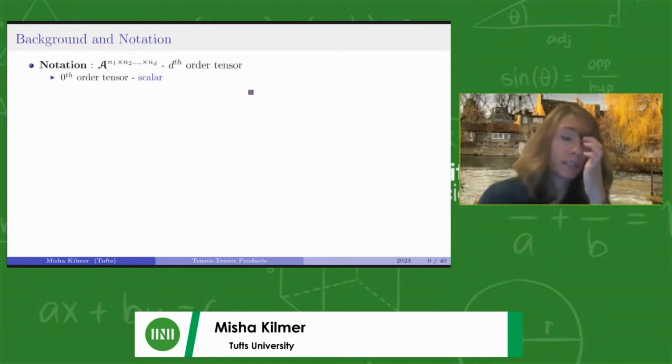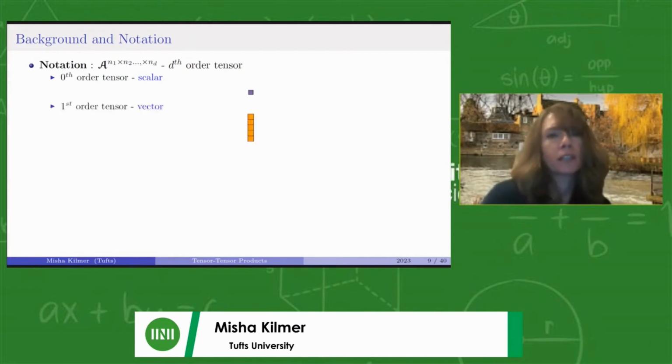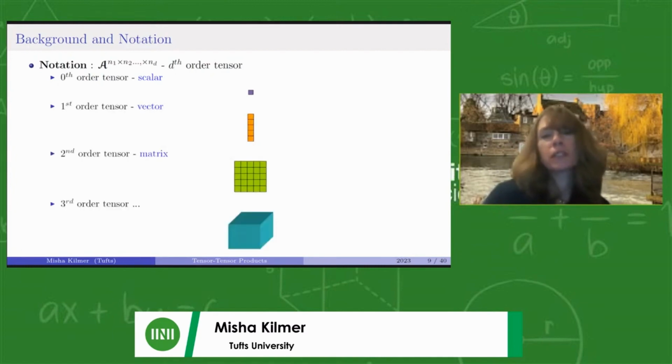So to set the notation, in fact, we've already encountered tensors, maybe didn't realize it, but a 0th order tensor is really just a scalar. A 1st order tensor would be a vector, a 2nd order tensor would be a matrix, but a 3rd order tensor and beyond is where it starts to get interesting. So a 3rd order tensor would be a 3-way array, a 4th order tensor, a 4-way array, and so forth.